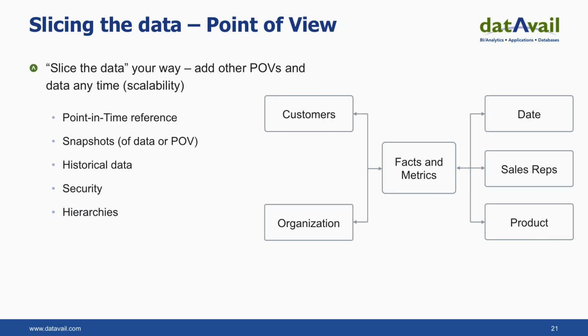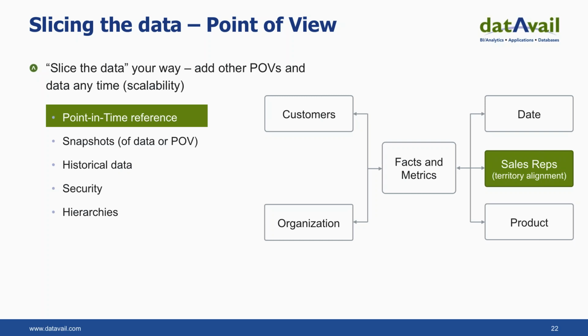Well, when you slice and dice the data your way, you get to see the data that's relevant to you, but you have a consistent set of facts and metrics that apply to the entire organization. And if we look at these different points of view, such as point in time reference, maybe we want to look at our data based on how a sales rep was assigned a territory during the first quarter of the year, but they changed territory at the second quarter of that year.